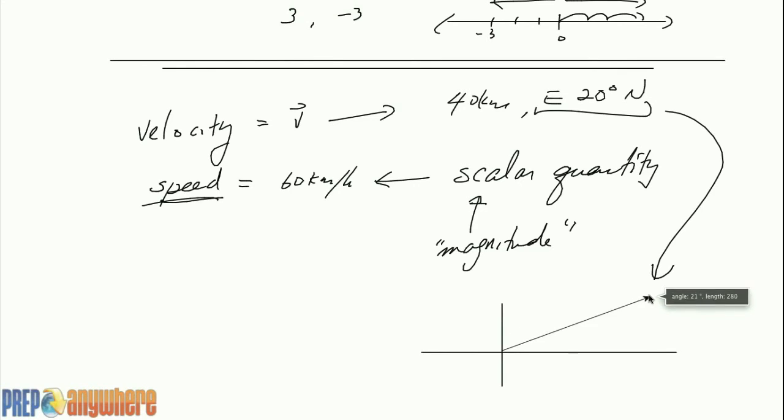So we're going east, but we're rotating towards north 20 degrees only. And the length of this line will be 40 kilometers per hour.